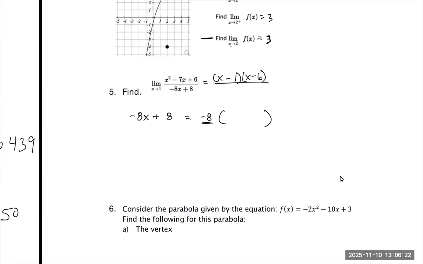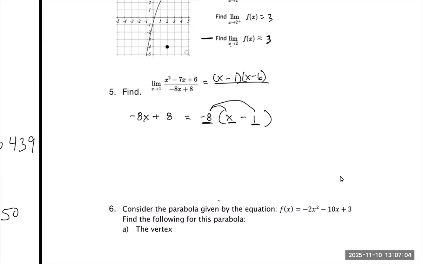I don't have to, but usually I don't like having a negative coefficient, so I'll factor out negative 8. Then negative 8 times what gives me negative 8x? x. Then negative 8 times what gives me positive 8? Negative 1. So I believe negative 8x plus 8 can factor into negative 8 times x minus 1.